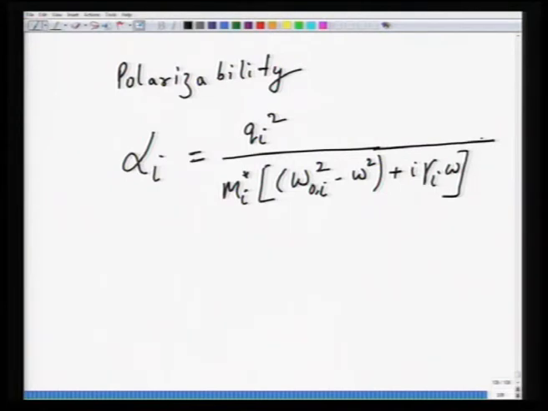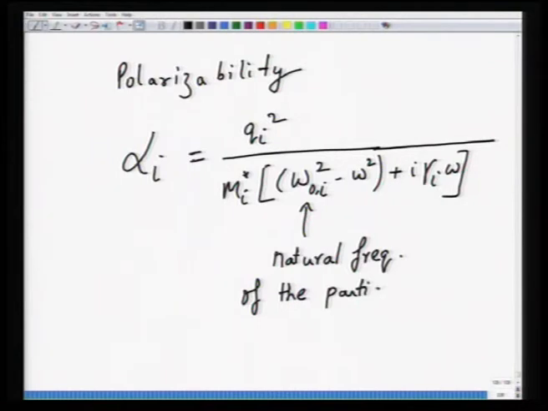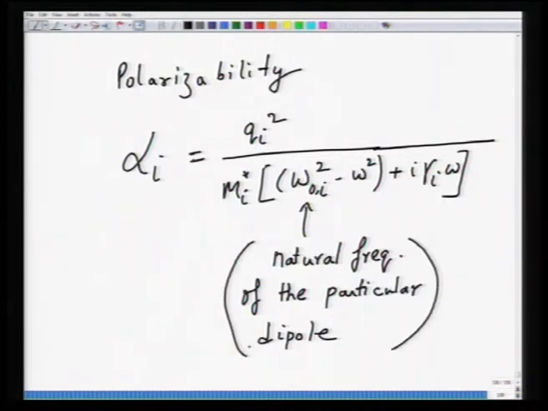So, this is the expression for alpha I, where this omega naught I is the natural frequency of the particular dipole. So, this is the frequency at which you will have resonance, and gamma I is the friction factor.